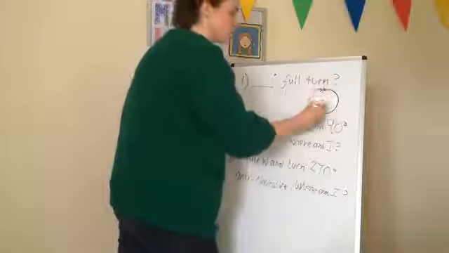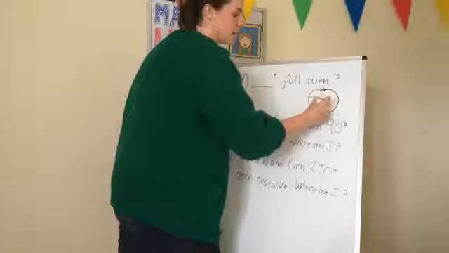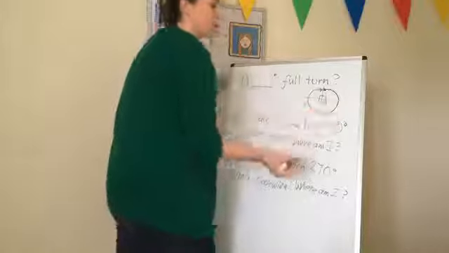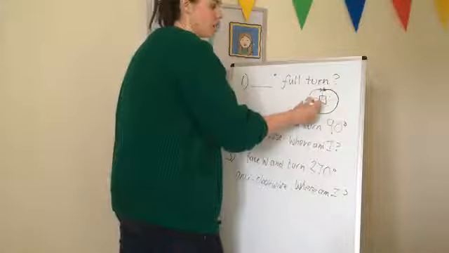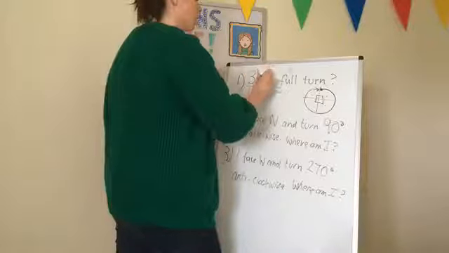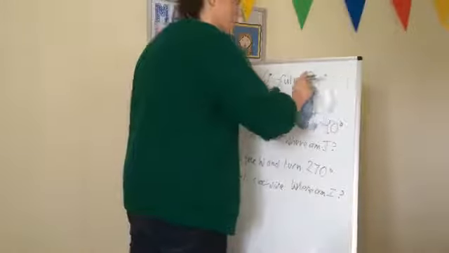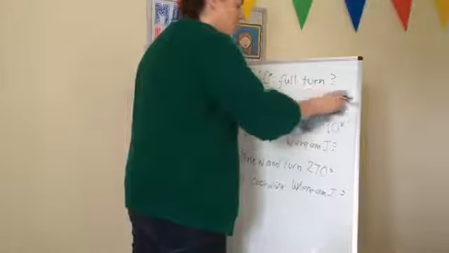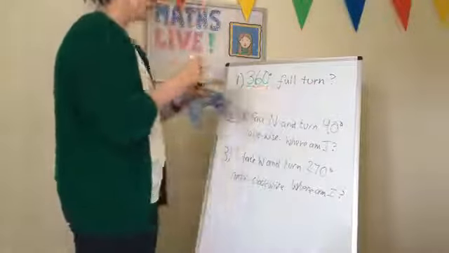And a circle is split up by 90, 90, 90, 90. 1 nine is 9, 2 nines are 18, 3 nines 27, 4 nines are 36. So a full spin, a full turn, a full pirouette, however you want to call it, is 360 degrees.